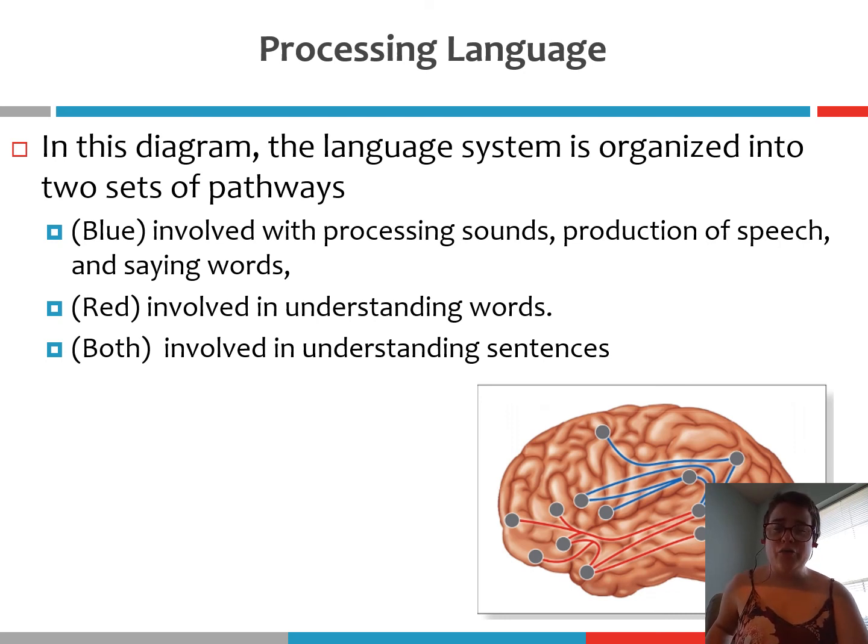And it also discounts the fact that both of those areas of the frontal lobe and the temporal lobe are implicated in a lot of other processes besides speech production and speech comprehension.